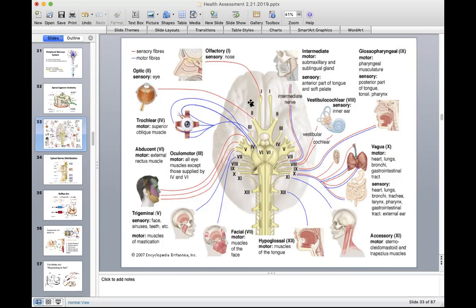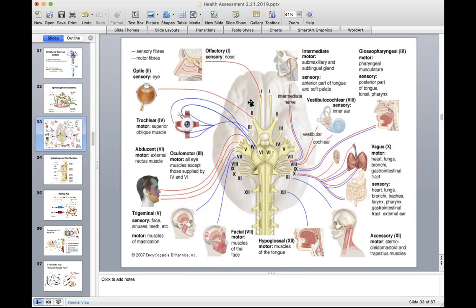So you could have a vagal response and actually slow your heart rate down so you pass out. So that's the heart part of the vagus, but there's also sensory to the vagus, and that's heart, lungs, bronchus, trachea, larynx, pharynx.